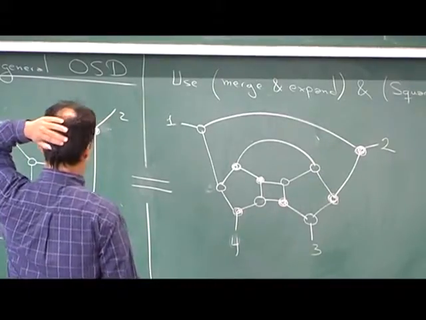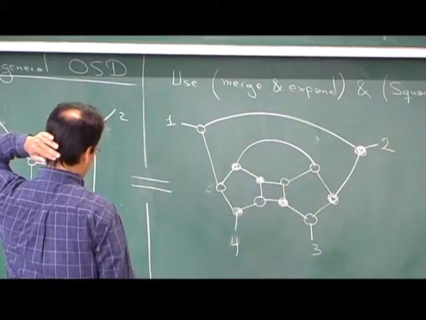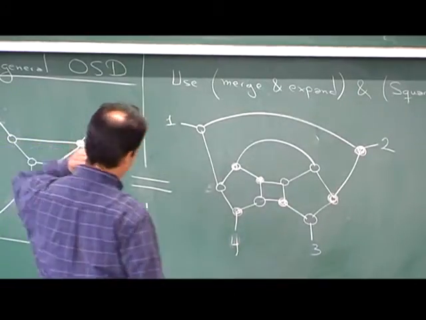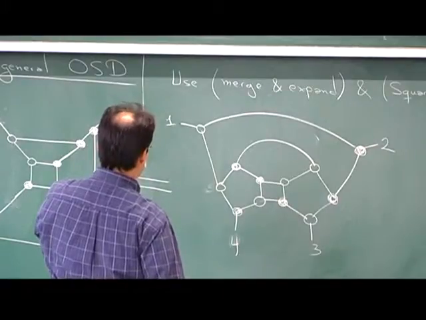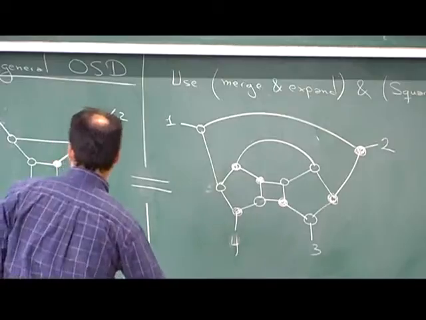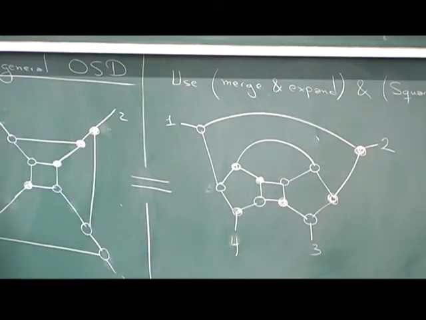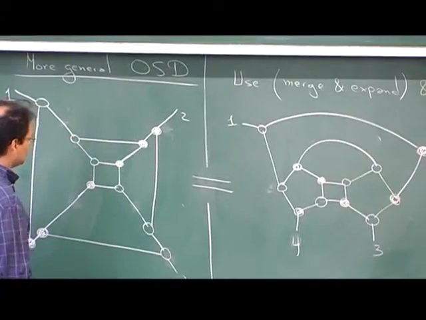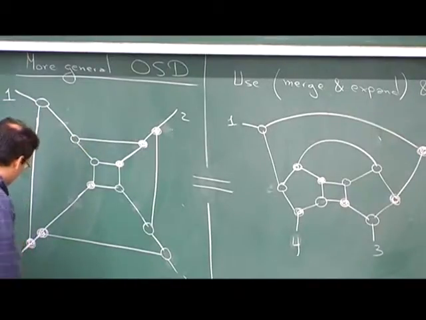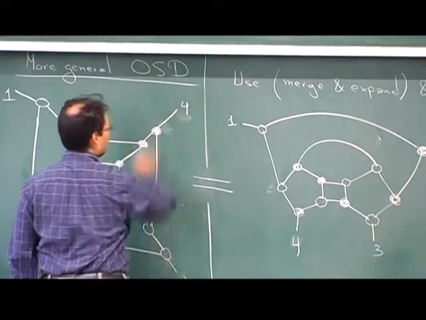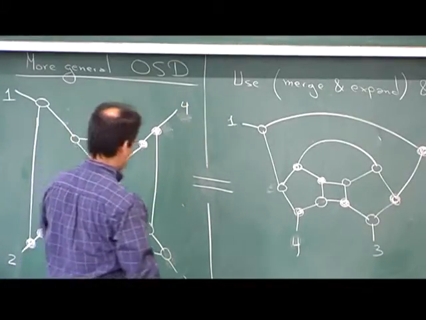I don't want this ordering. So allow me to, of course, the ordering, I can reverse this. It doesn't really matter. So I can put 2 here, keep 3 and put 4 here. That doesn't matter.